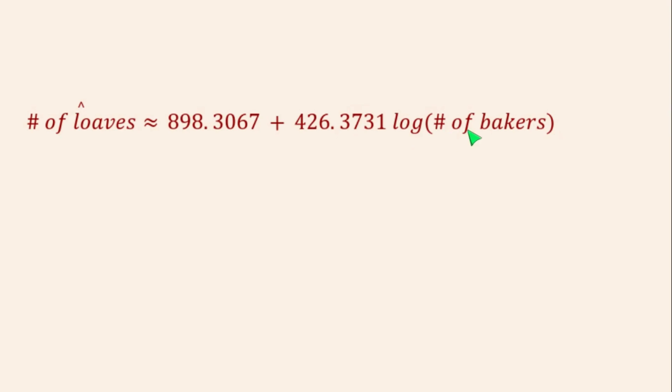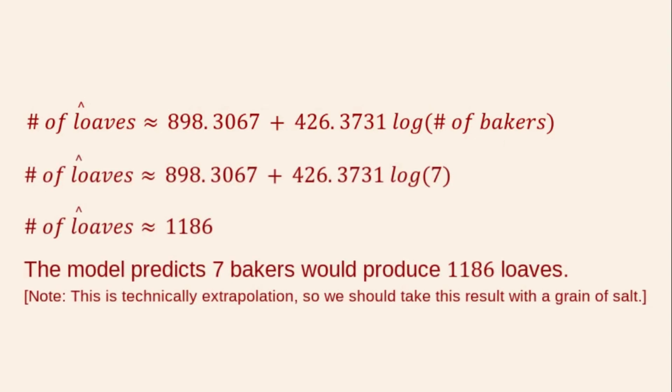So it's the log of the number of bakers. Here's the evaluation. We substitute 7 bakers, and we get approximately 1,186 loaves. So the model predicts 7 bakers would produce 1,186 loaves, just about. And as I said, this is technically extrapolation, so we will take this result with a grain of salt.